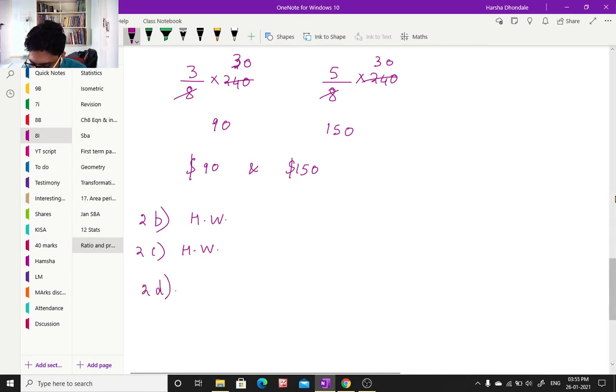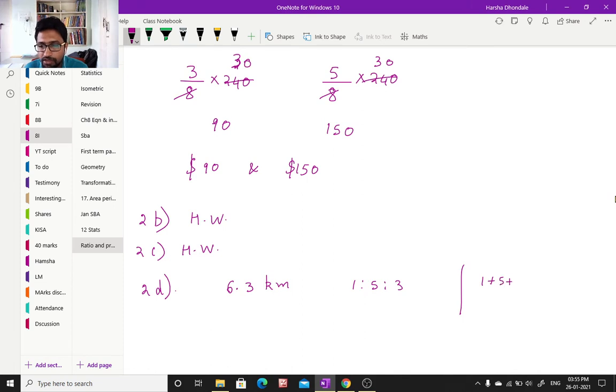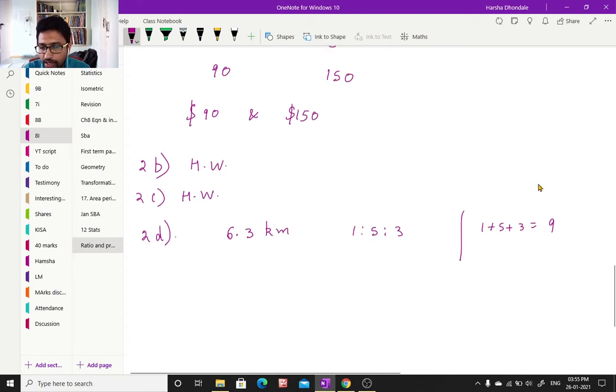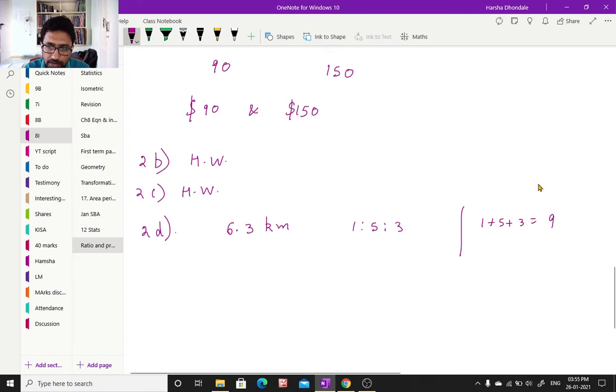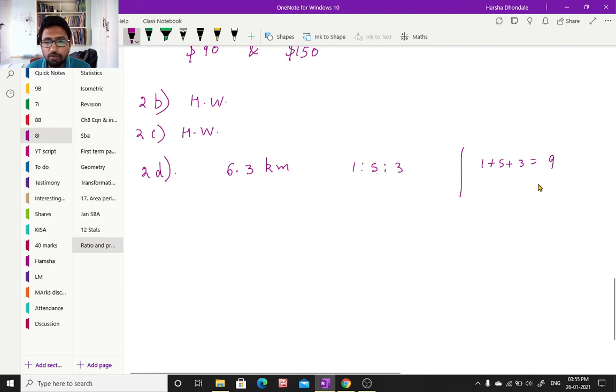The question is 6.3 kilometers in the ratio 1:5:3. Now 1 plus 5 plus 3 equals 9. So first I divide the 6.3 kilometers into 9 parts, and then I take one part, 5 parts, and then 3 parts. That's how I'll be solving this.